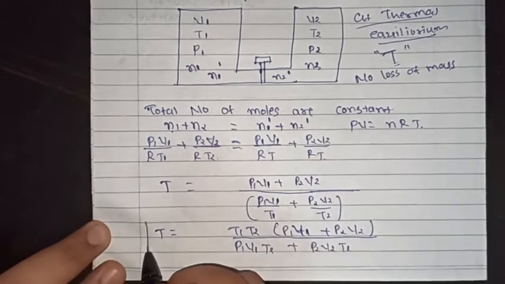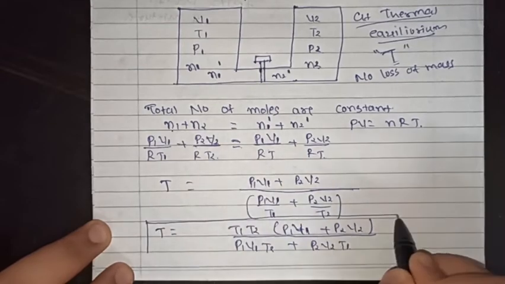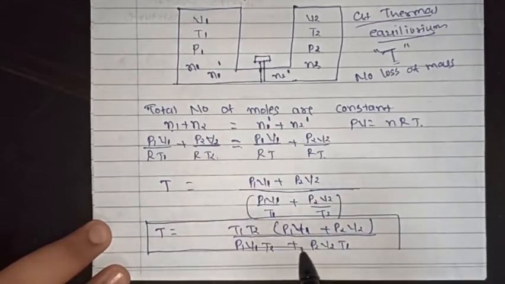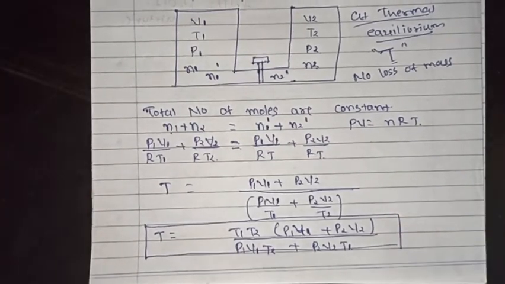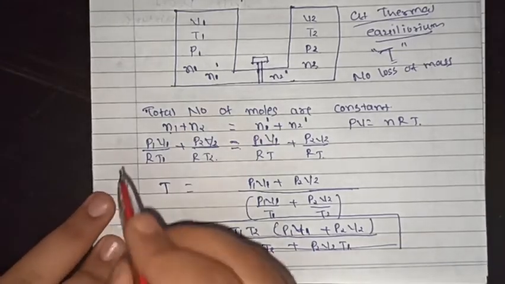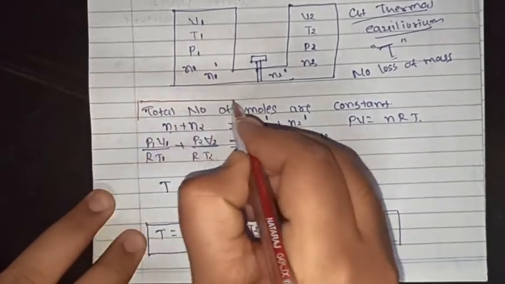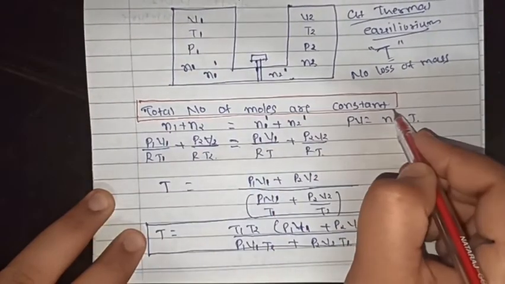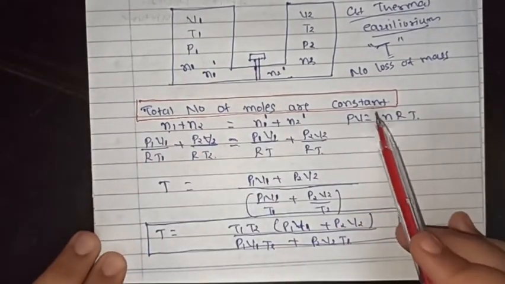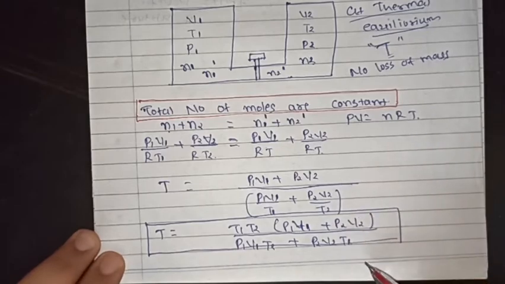This will be our answer. Here the important concept, the key concept to start the numerical, was total number of moles are constant. Once you get this idea, you can easily solve the problem.